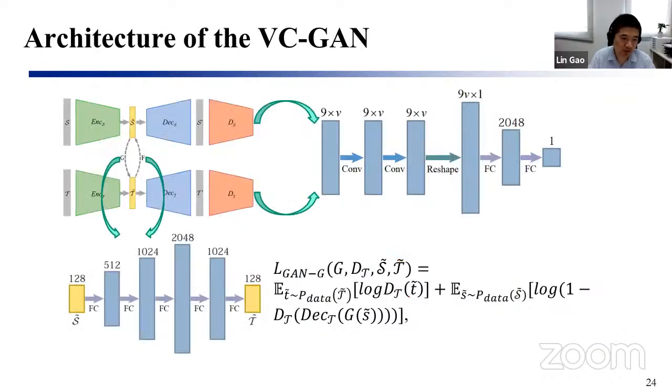Here, let's look at the network design. The discriminator is a convolutional neural network. The convolutional layer is the network we have discussed before. And the functions G and F are fully connected networks because the code is very compact. We should use the fully connected layer to link the source latent code and the target latent code. And here is the GAN loss.